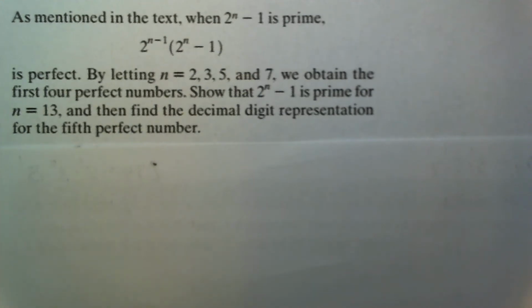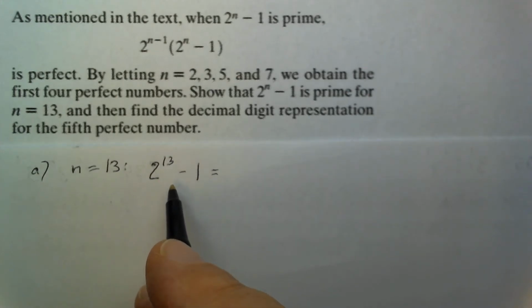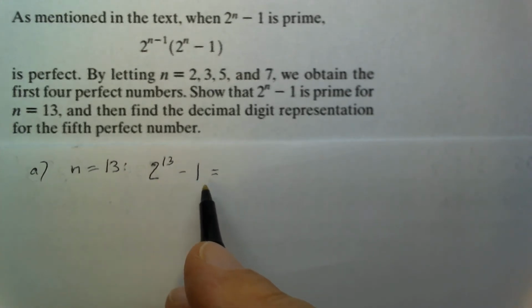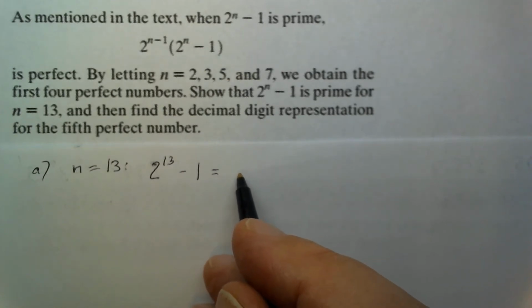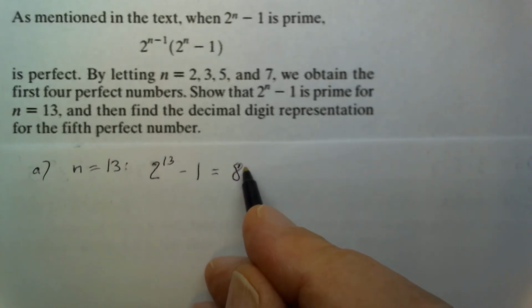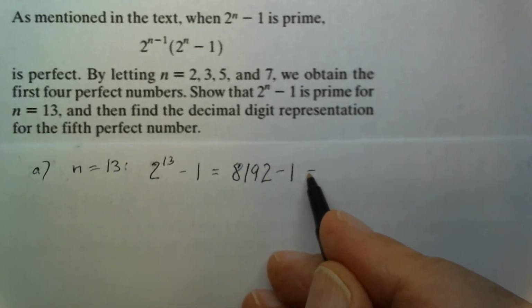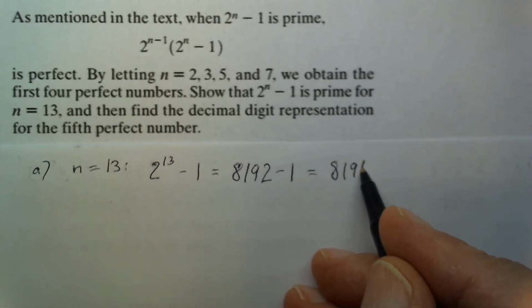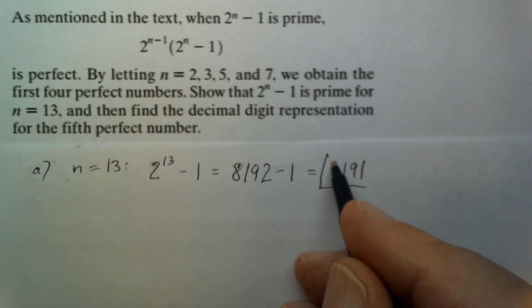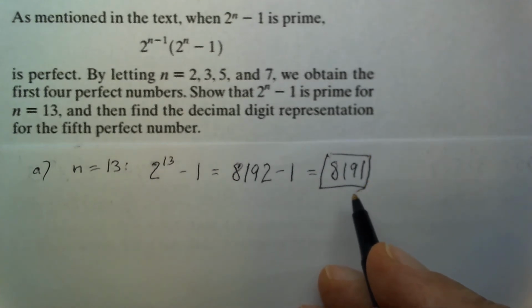So let's do that. When n equals 13, then 2 to the 13th minus 1 would be 8,192 minus 1, and that's equal to 8,191. And that number is prime.